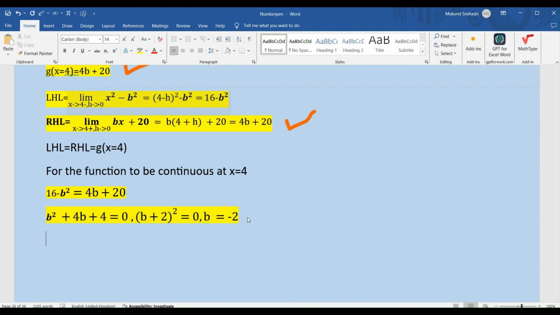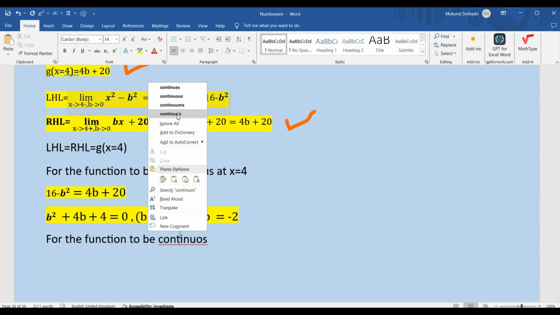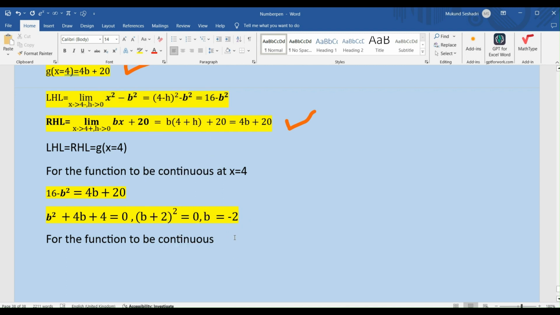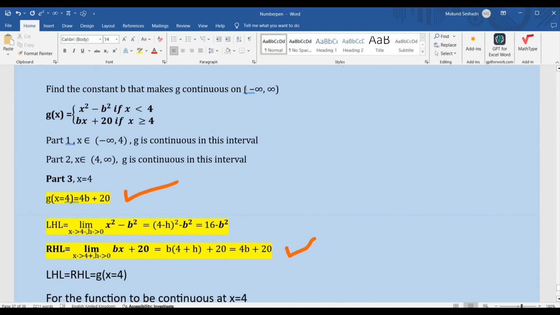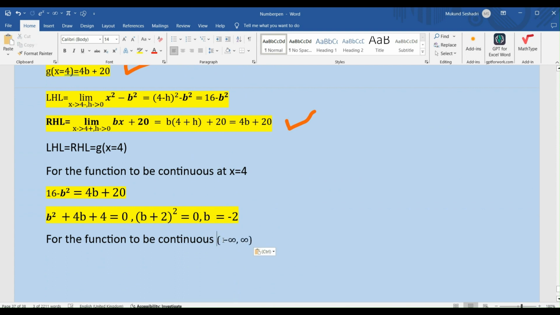So write our final answer for the function to be continuous. And what do we mean by belonging to minus infinity to plus infinity? All that we mean is x belongs to R, right? b equals minus 2, right? So that's how we go about solving this problem.